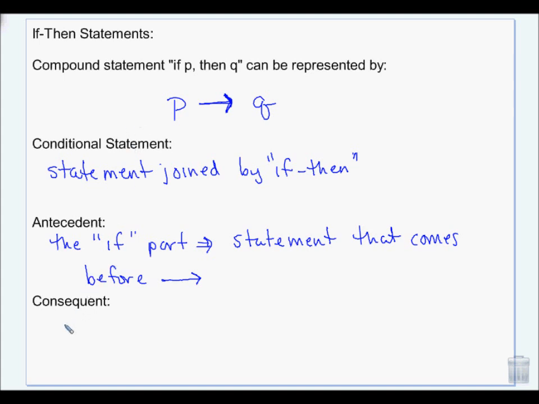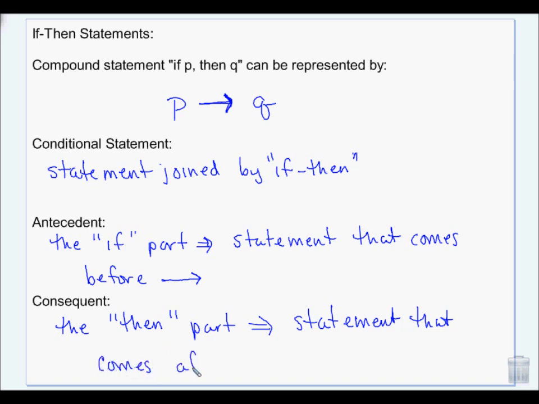The consequence is the then part. So that's the statement that comes after. So the consequent would be you get a paycheck. So if you go to work, then you get a paycheck. So the antecedent is you go to work, the consequence or consequent, you get a paycheck.